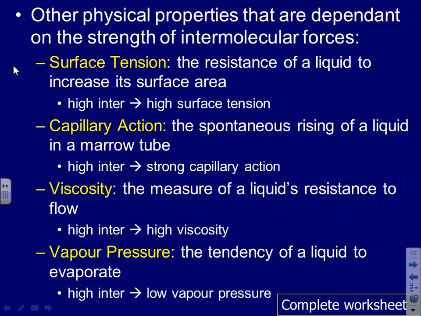The reason you can actually do that is surface tension. Those water molecules are attracting to each other on the surface of that water, holding on to each other due to the hydrogen bonding. So when you have high intermolecular forces, you have a very high surface tension. Water can do that.